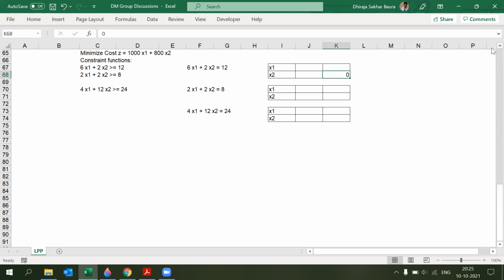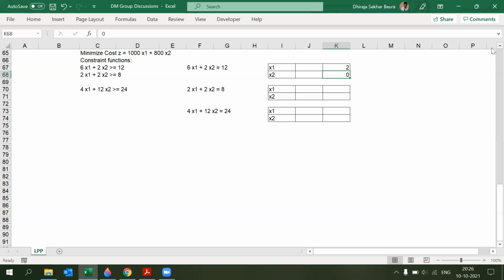If you take x2 as 0, put the 0 value in that equation and find the x1 value. In place of x2, put 0 and find the x1 value. How much is it? It's 6, right? Are you sure? It's actually 2. That's why I wanted to go step by step.